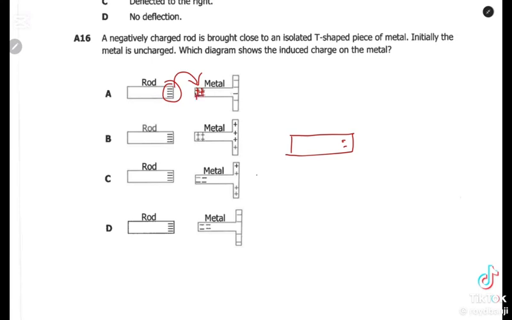This causes the separation of charge in the metal, which means the negative charge will be pushed away and the positive charge will be attracted to the metal rod. Therefore A is the answer. If you look at this one, there's negative, positive, but also positive here, so this one is not. Negative, negative, this is no. Negative, negative, this is no. So the answer is A.